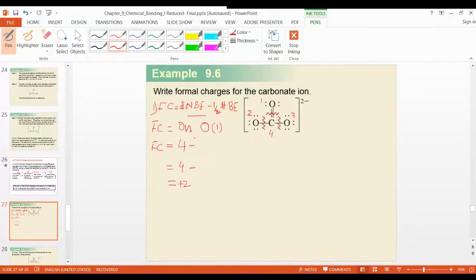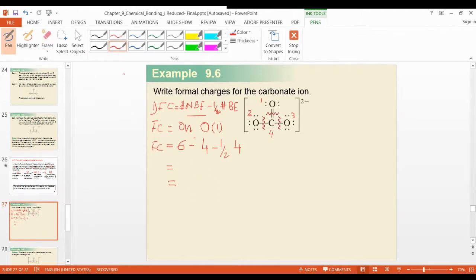Valence electron, because oxygen belongs to group 6, right? So 6 valence electron, minus non-bonding electron 4, minus half bonding electron 4, right? This is the one.